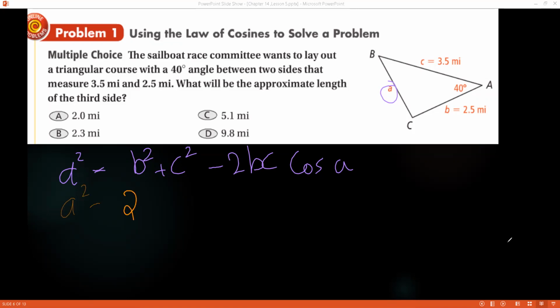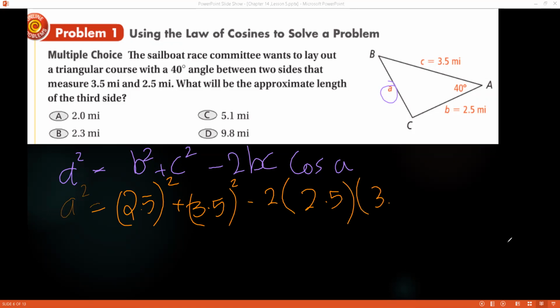It's 2.5 squared, plus 3.5 squared, minus 2 times 2.5 times 3.5 cosine 40.